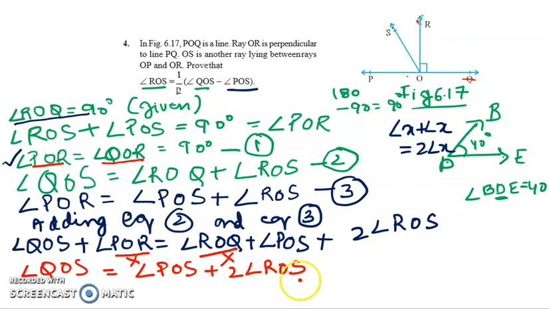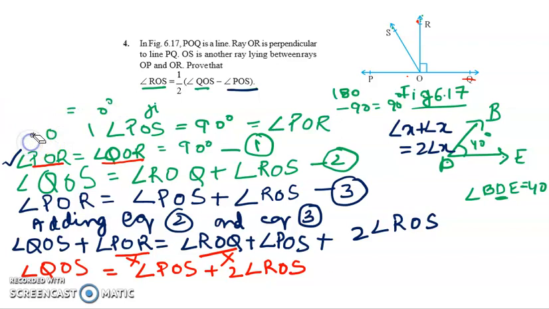Okay, so I'm rewriting this equation. This is given to us, I'm writing on the top now. This is already given to us, you can see clearly from the figure.